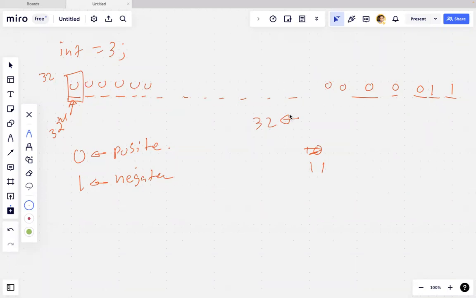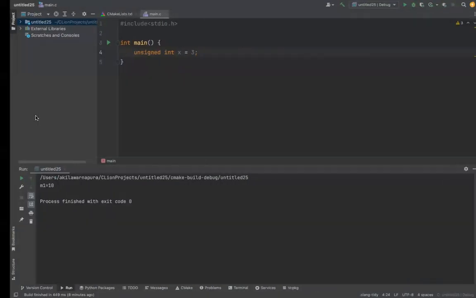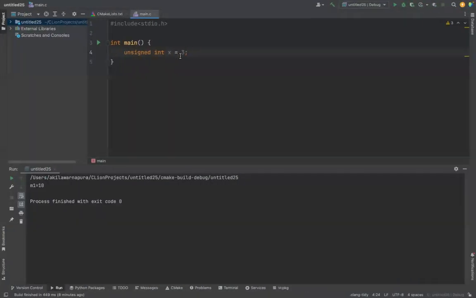But if you are using signed, the most significant bit is taken for positive and negative, and the remaining 31 bits can be assigned the value. Now I think you guys have a proper idea what it means by unsigned and signed.